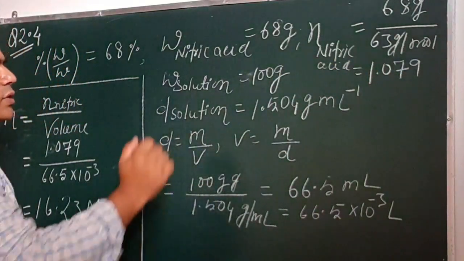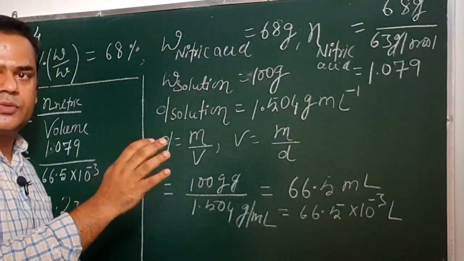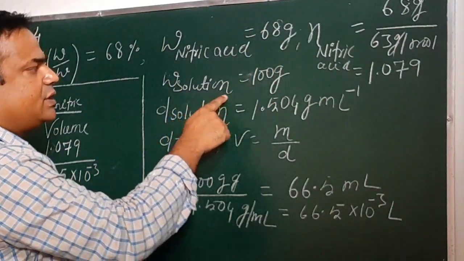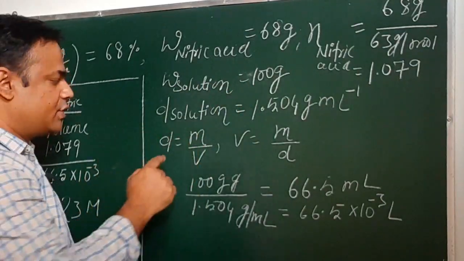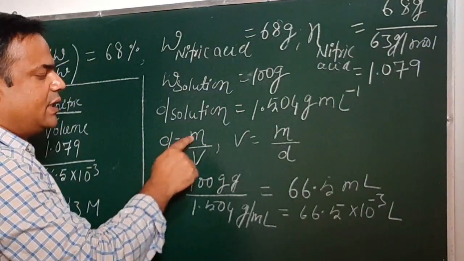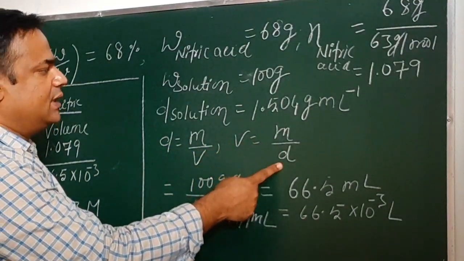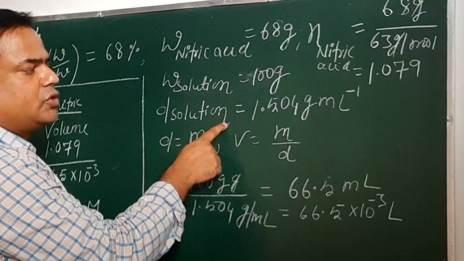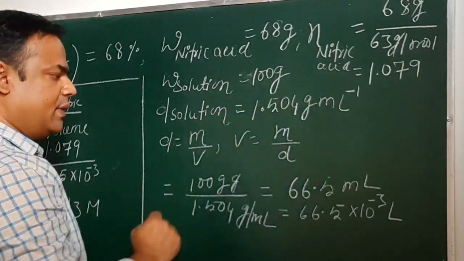Now, we made all this calculation by assuming the total mass of solution is 100 gram. From the definition of density, we know density equals mass by volume. So volume equals mass upon density, and the density of the solution is given in the question, that is 1.50 gram per ml.